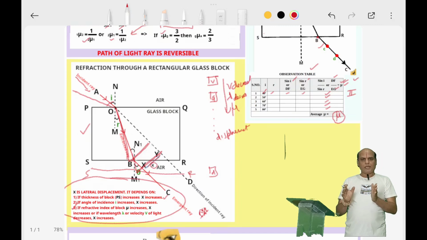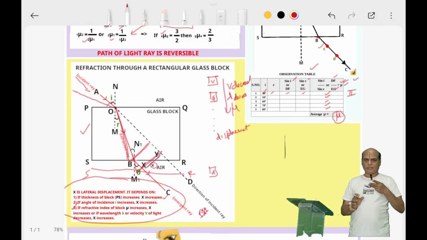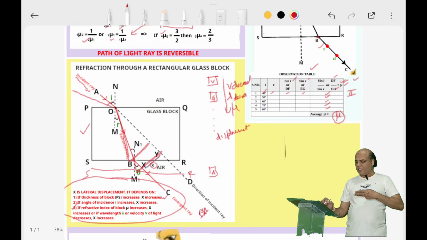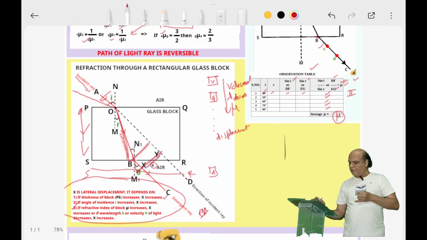This lateral displacement depends on three factors. One, if the thickness of the block increases, lateral displacement increases. Two, if the angle of incidence increases, lateral displacement increases. Three, if the velocity or wavelength decreases, lateral displacement increases. Or in the optical medium spectrum, as we move from top to bottom, lateral displacement increases.